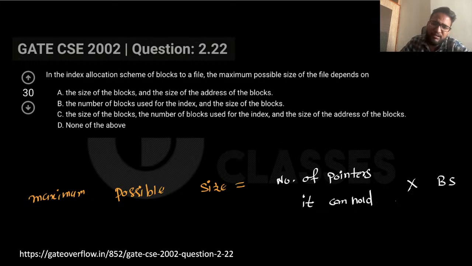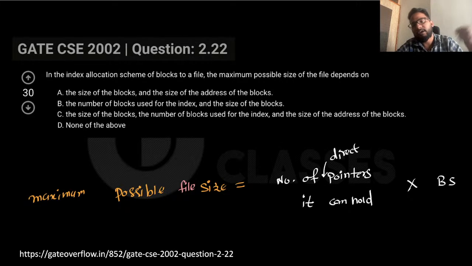Let's suppose it can hold 5 pointers. Currently I'm just focusing on the direct pointers. Number of direct pointers it can hold into the block size, isn't it? So the maximum possible file size depends on these two factors: number of direct pointers and the block size.